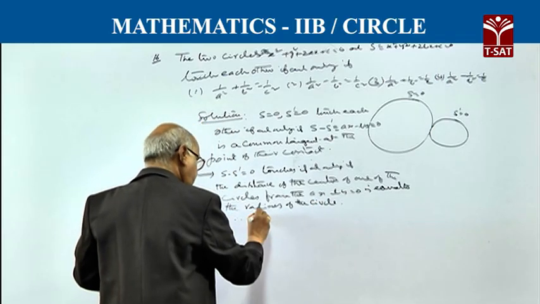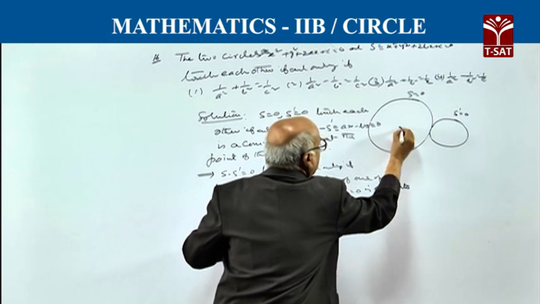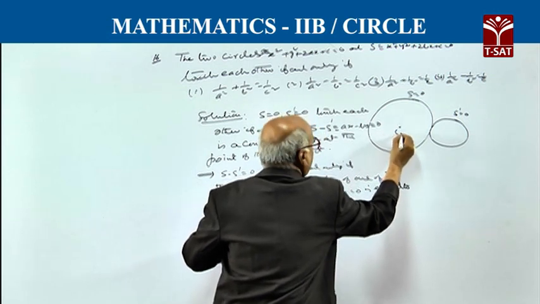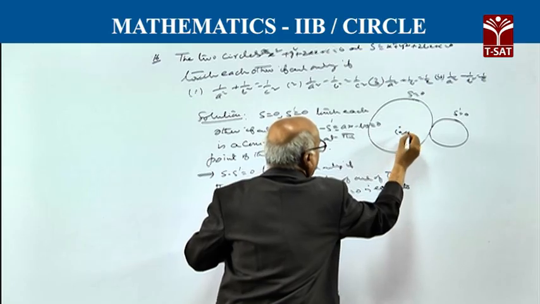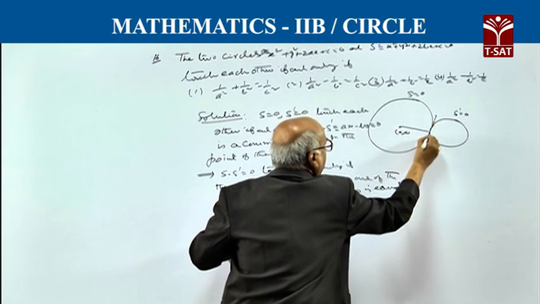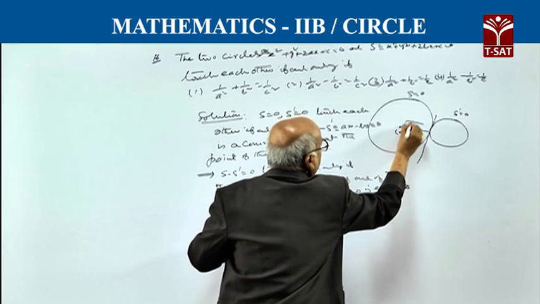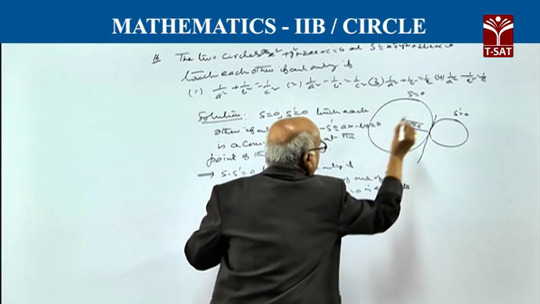So therefore, the one circle's center is a comma 0, and radius is square root of a square minus c.